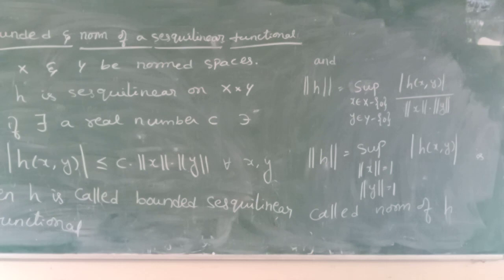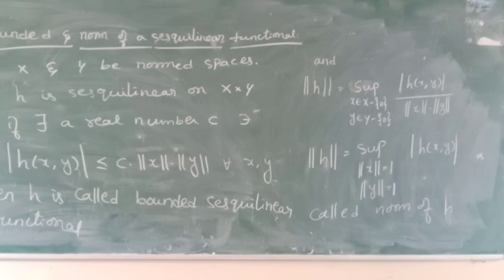See the Riesz representation theorem for sesquilinear form, statement. Let H1 and H2 be Hilbert spaces and small h from H1 cross H2 to K be a bounded sesquilinear form.